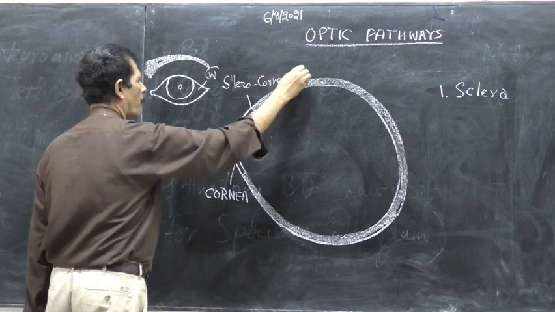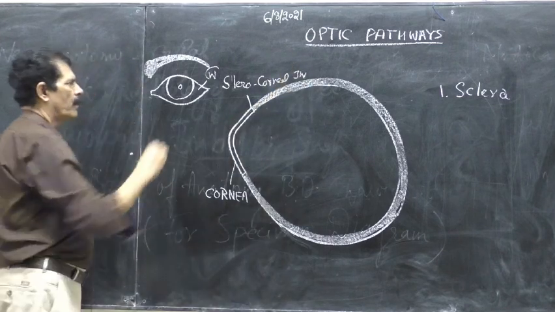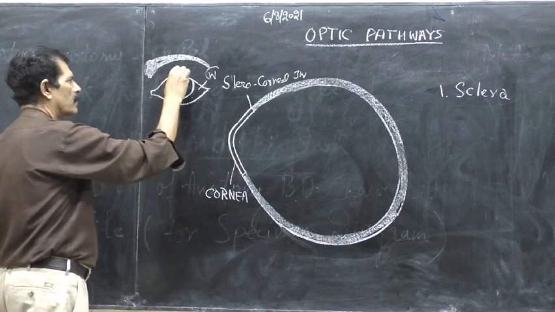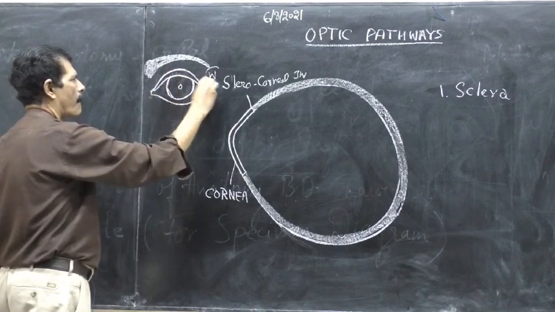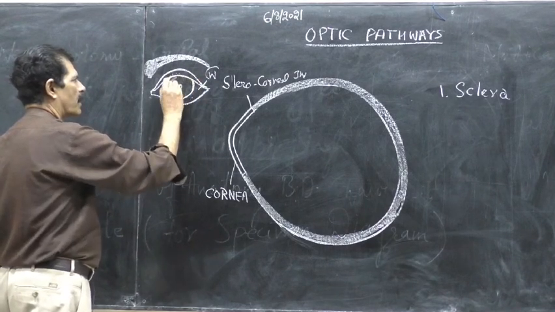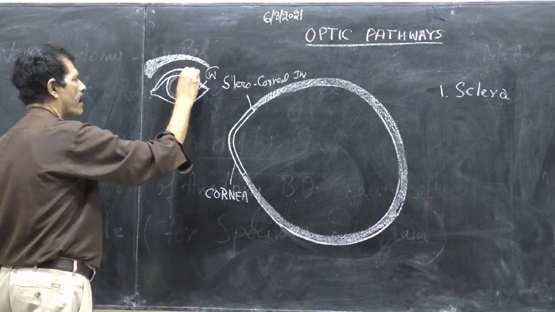So this is the white, and this roundness is called the cornea.